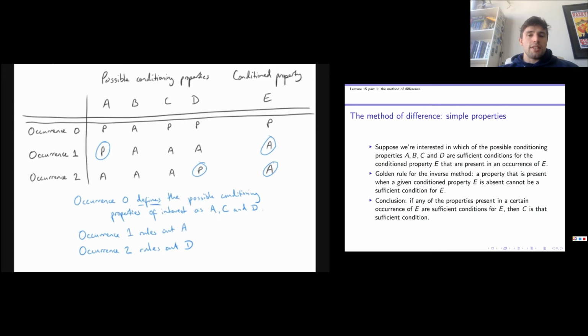But when they look at the body, they can see that while death, the conditioned property, is present, the property of being run over by a steamroller is absent, because the body just looks normal. So while being run over by a steamroller is a sufficient condition for death, it's not one that the detective would be interested in here, because that property is absent while the conditioned property is present.